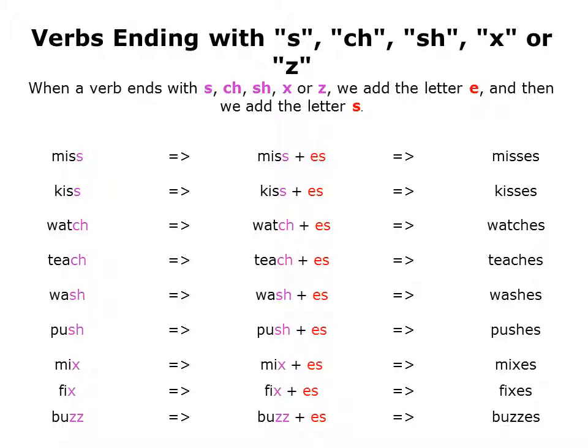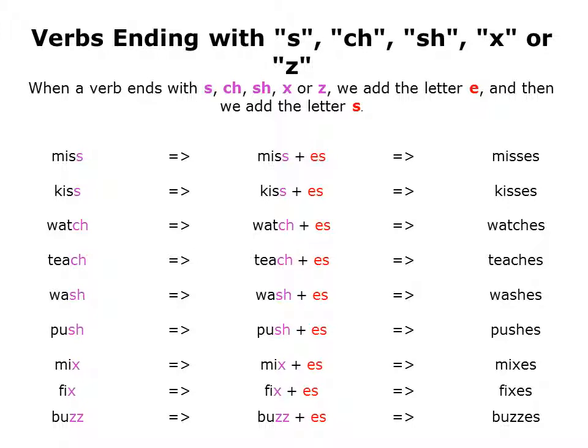Cuando algún verbo termine en s, ch, sh, x o z, le vamos a agregar una e y después una s. Esto solo para la tercera persona del singular, para he, para she o para it. Recuerden, en presente simple.